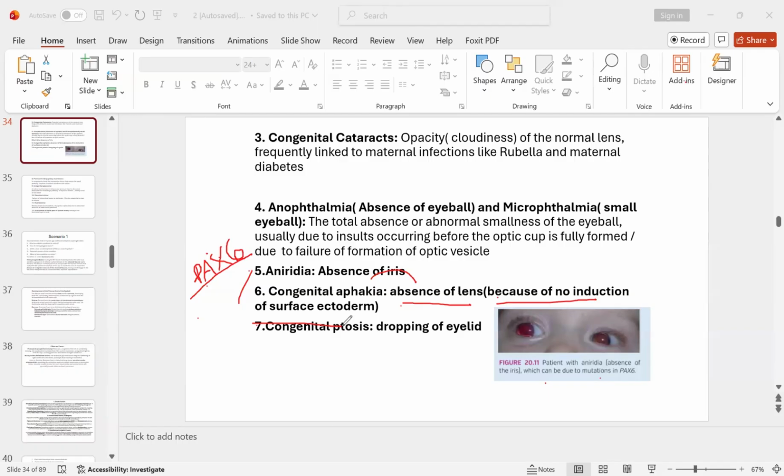And lens placode gives rise to the lens. So if the lens placode is not formed, then the lens will also not be formed. So induction is very important for the formation of lens.